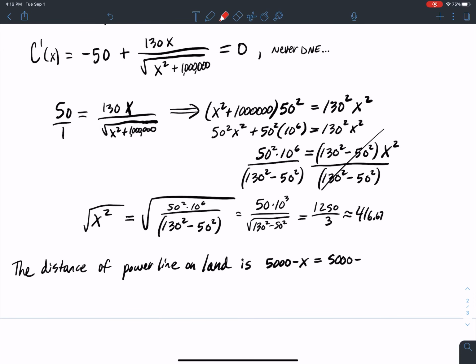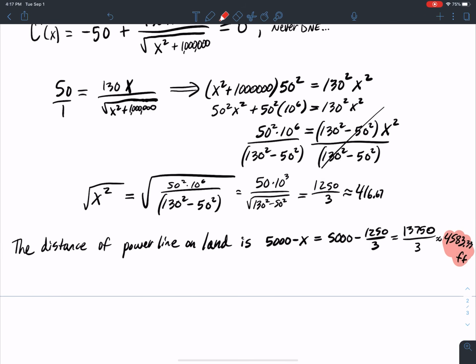Now x, we've said, is the 416.67, which is this number here. So I type that in my calculator, I get 4,583 feet.